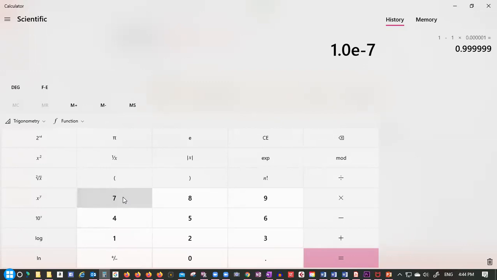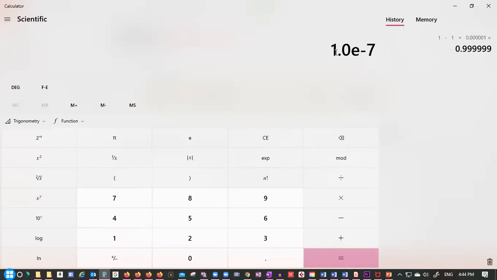And this depends also on the calculators. Some calculators allow you to write 7 and then you change the sign plus or minus. So know your calculator. This is the proper way to write scientific notation on your calculator. This means 1.0 times 10 to the -7.